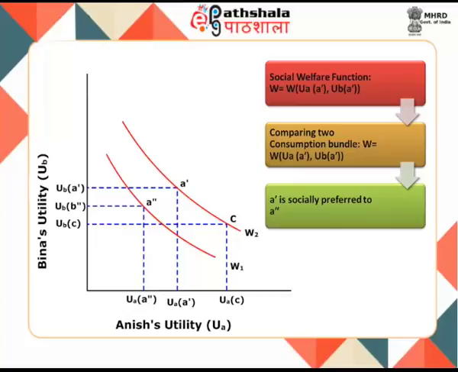If a social welfare function exists to show social preferences, we can also draw social indifference curves. The figure shows such social indifference curves, which are just like individual indifference curves. Point A dash is Pareto preferred to A double dash and also represents higher level of social welfare. Point C is not Pareto preferred to A double dash but is on a higher social welfare function, hence represents higher social welfare as compared to A double dash.